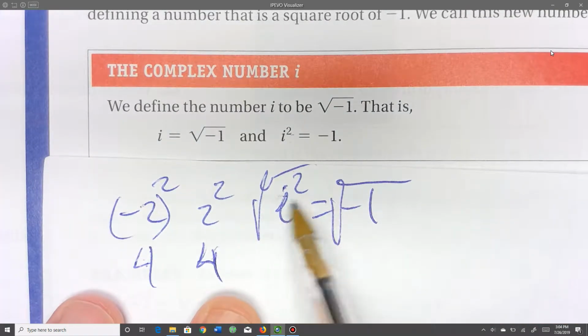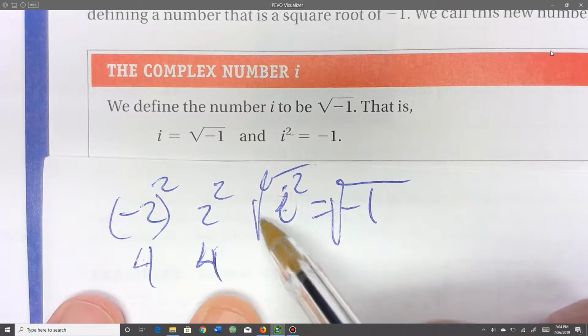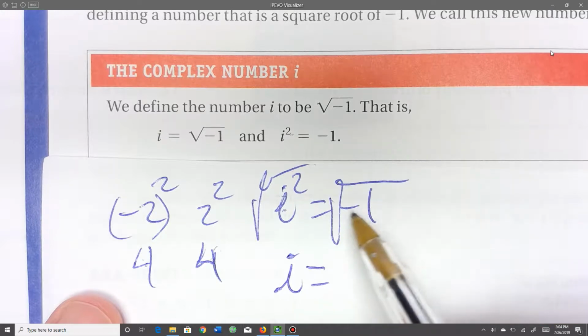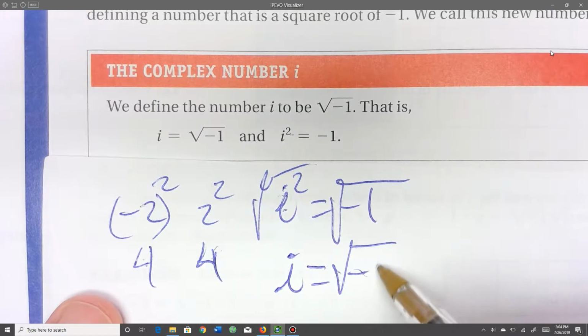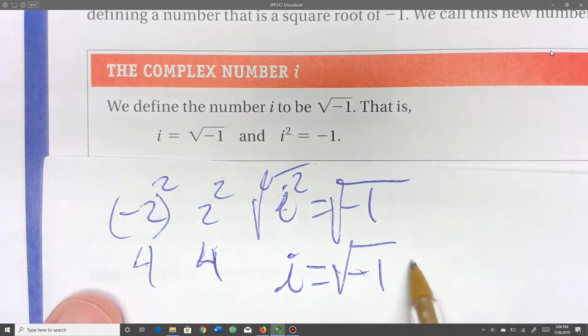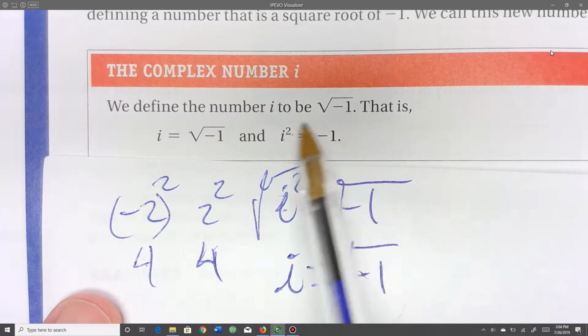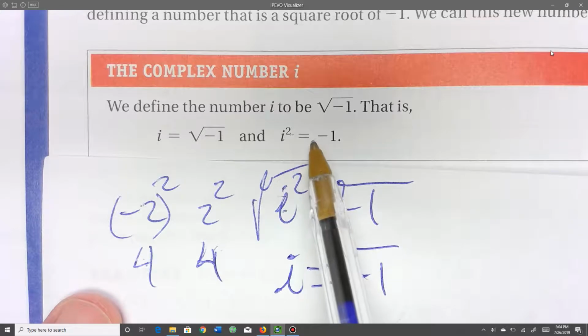This i is going to come outside as i equals, and then this stays as negative 1. And this gives me this right here, just by thinking about this portion here.